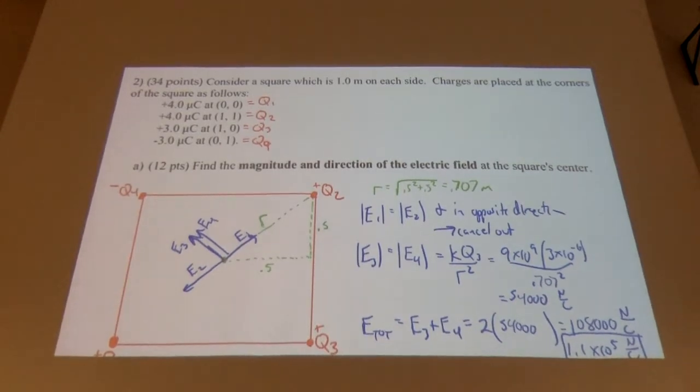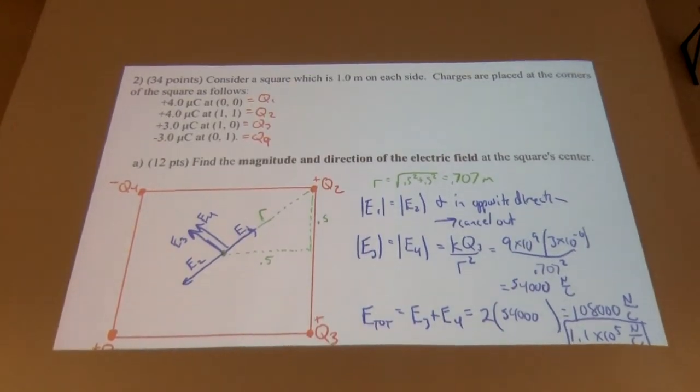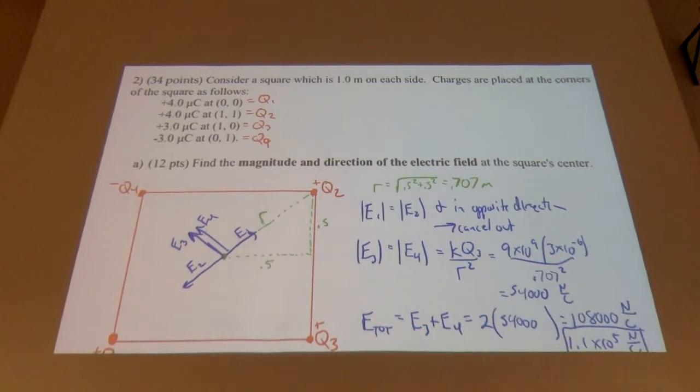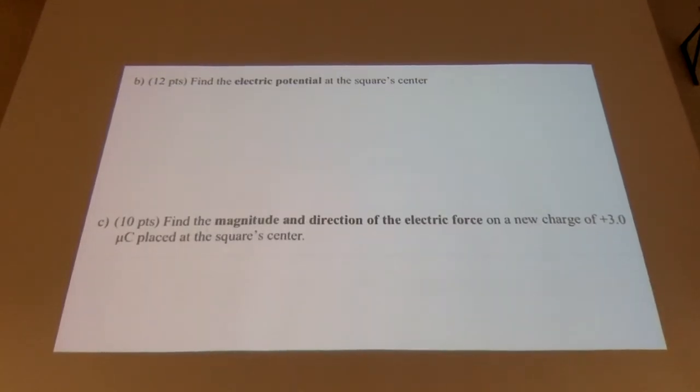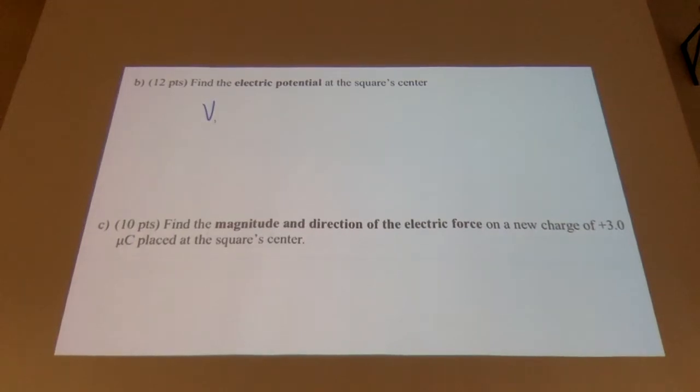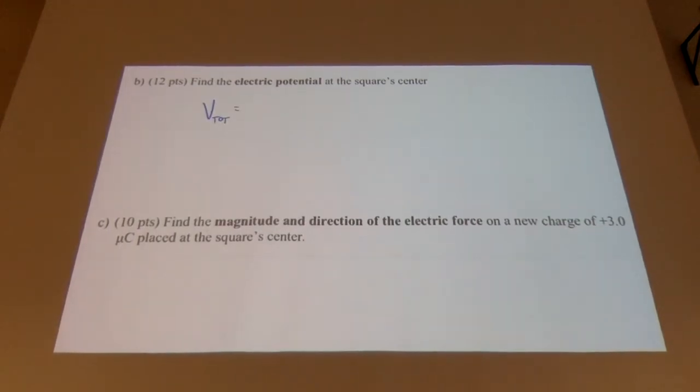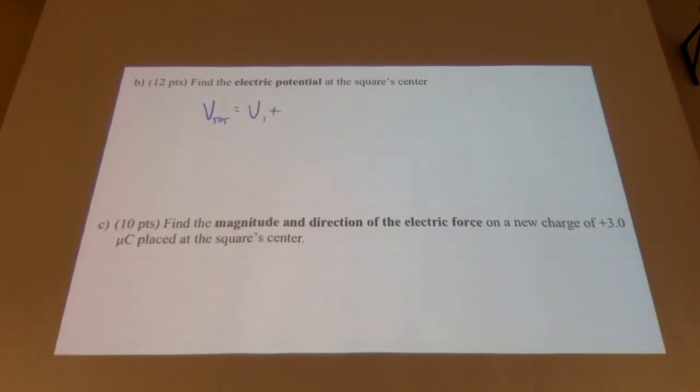So that's part A. Let's do B and C, and then we'll be done with this exam. Part B, find the electric potential at the square center. The key here is that this is a scalar. So if I want to find the total electric potential, it's V1 plus V2 plus V3 plus V4. I have one term for each of them.